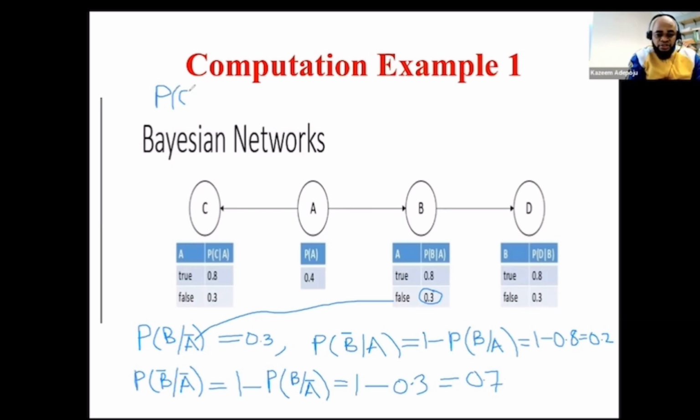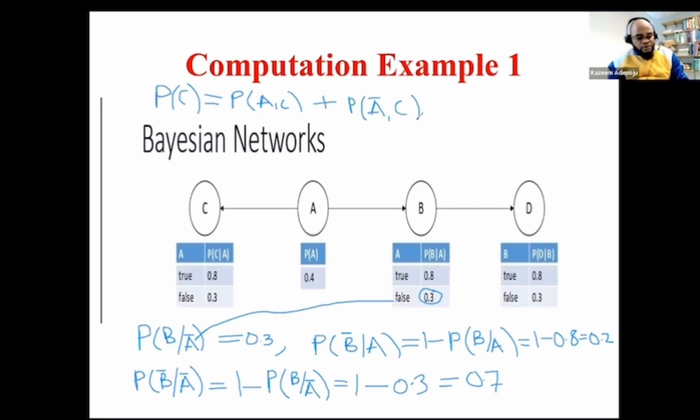C here depends on A. So you're going to use total probability, which means you're going to have the probability of A and C, plus the probability of A complement and C. So you want to use total probability.